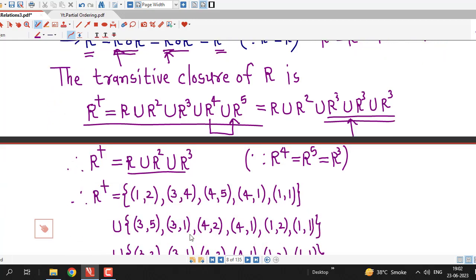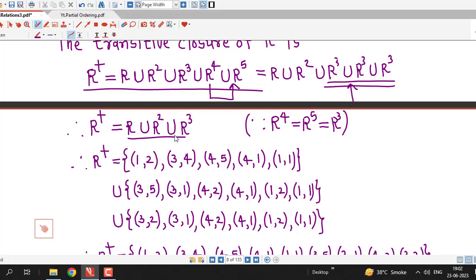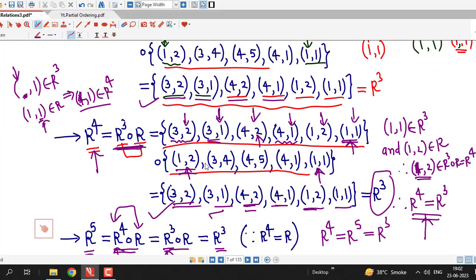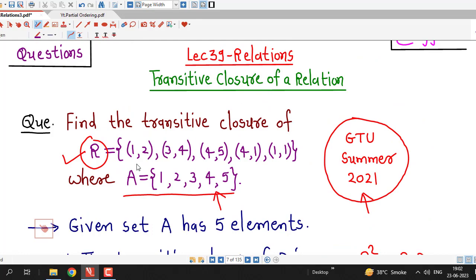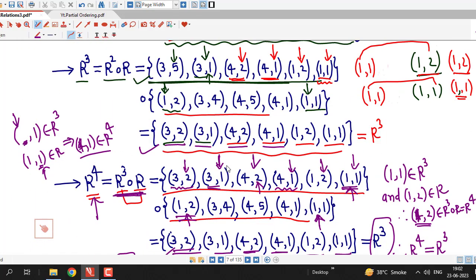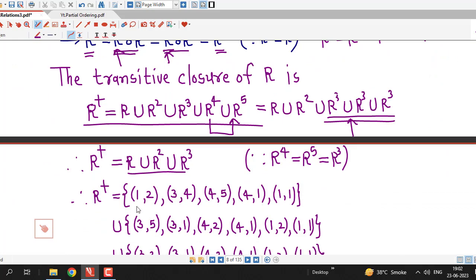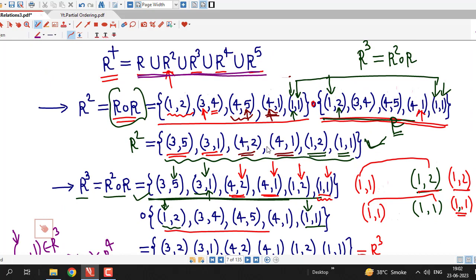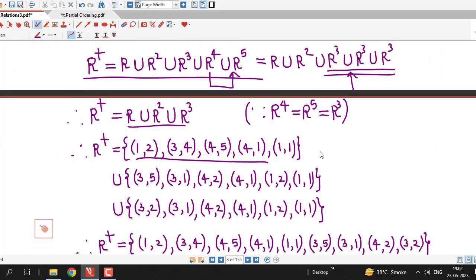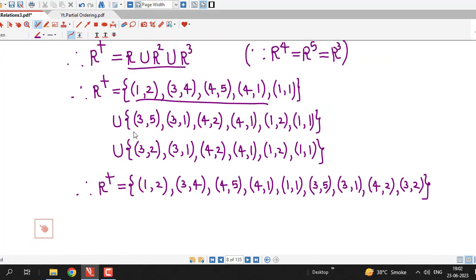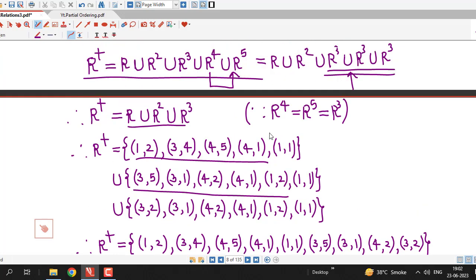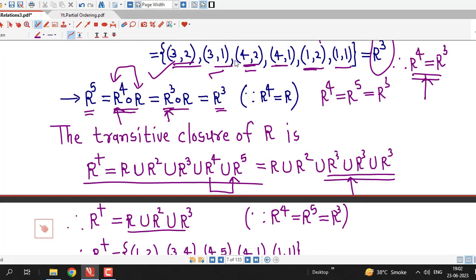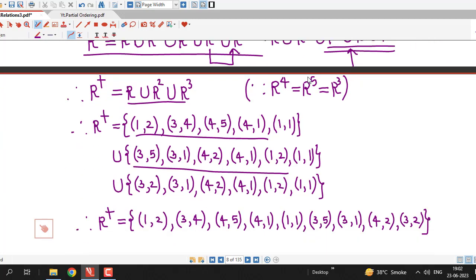And I have to write down the union of these three relations R, R2 and R3 that we have obtained here. We already have R: (1, 2), (3, 4), (4, 5), (4, 1) and (1, 1). So that I have written here. Similarly R2 is obtained: (3, 5), (3, 1), (4, 2), (4, 1), (1, 2), (1, 1). 6 ordered pairs. So that I have written from that step. And R3 is here. We have obtained R3: (3, 2), (3, 1), (4, 2), (4, 1), (1, 2), (1, 1). And I have to write down the union of all these three sets.